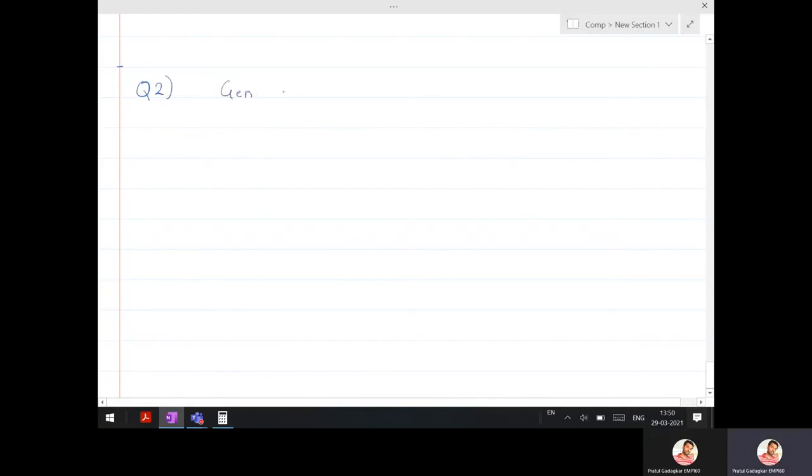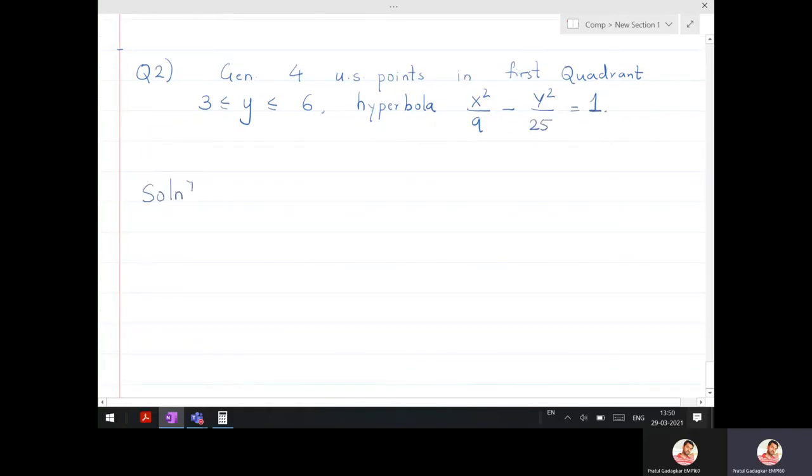We will generate 4 uniformly spaced points on a hyperbola in the first quadrant, where now I'm going to take the limits for y as 3 less than or equal to y less than or equal to 6, where the hyperbola is given by x square upon 9 minus y square upon 25 is equal to 1. Okay, so how am I going to do this problem now?